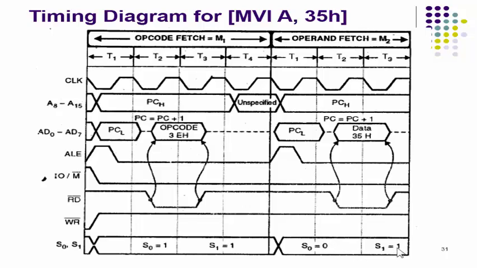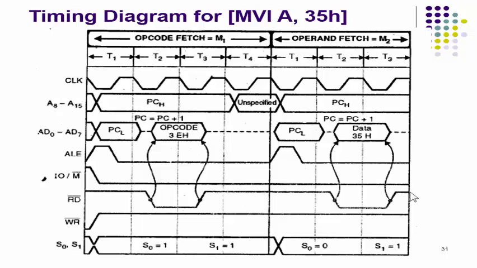The status signals S0 equal to 0 and S1 equal to 1 are made by the microprocessor. In the T2 state, again the read bar control signal is made low by the microprocessor to fetch the byte from the memory.